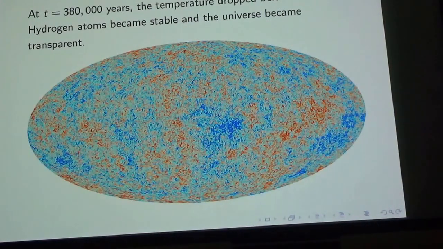Here is, I think, a better picture of the CMB than the one that I was showing earlier. The reason is that this is from the Planck satellite that the Europeans put up, I don't know, 5 years ago or so, maybe 7 years ago.